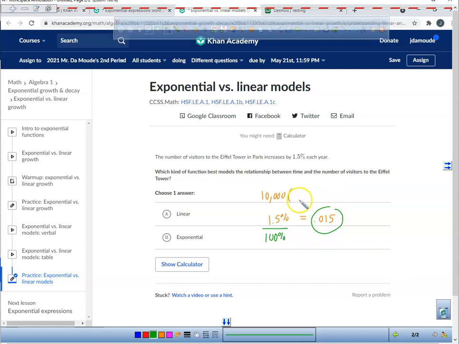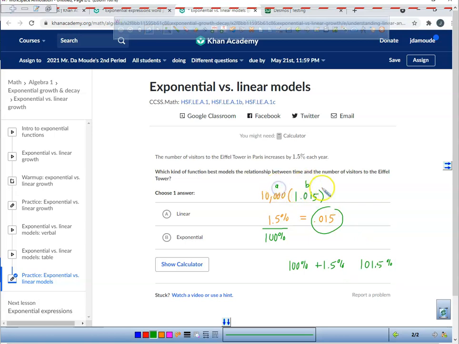Now, if I'm increasing by 1.5%, that means I'm starting with 100% and I'm increasing it by 1.5%. So that technically means I'm at 101.5%. So our model would be like this. This would be your growth rate because it's growing.